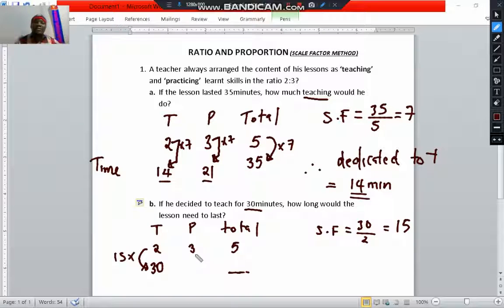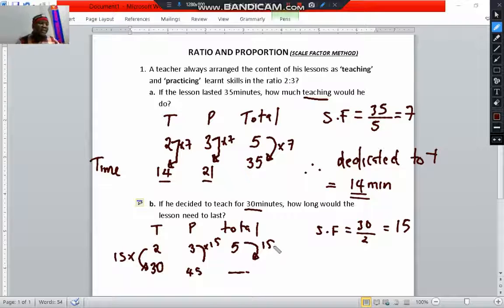So meaning each ratio should be multiplied by 15 to know how much it's going to get. So 3 would be multiplied by 15, all right? 3 by 15 gives us 45. But this is not what the question wants us to find. And to know the entire time or the total time we would say 5 multiplied by 15.